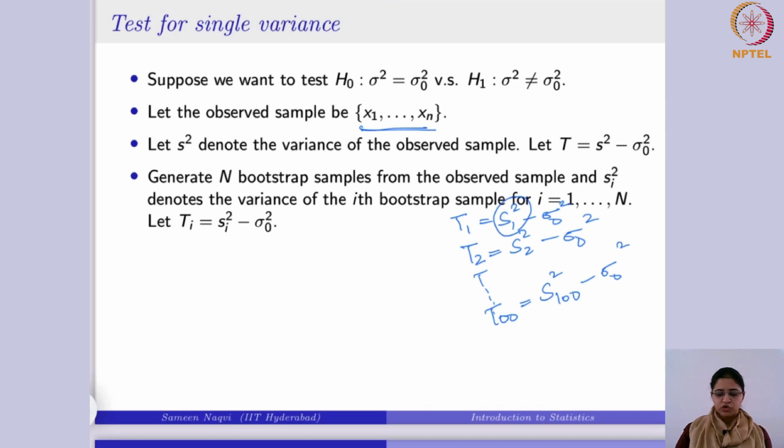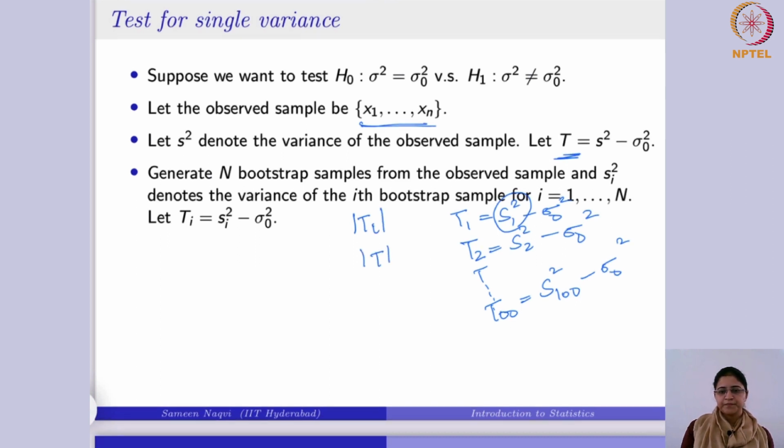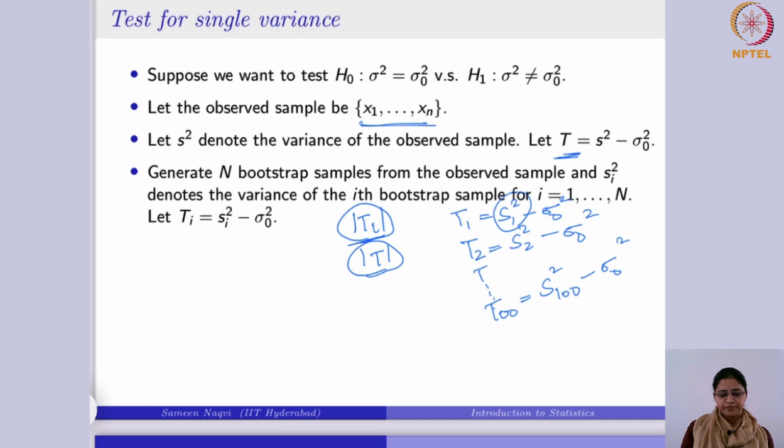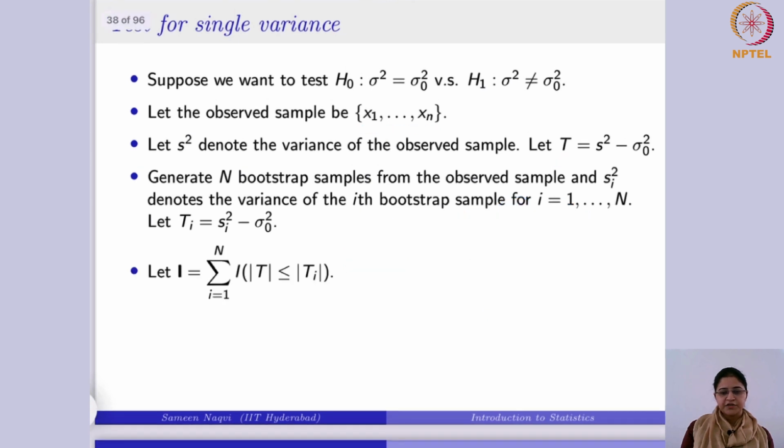Next what you will do? You will compare the absolute values of these TIs with the absolute value of this T that you have already obtained. You will see what the count is for when this is more than this particular observed statistic. That is basically the indicator function we are using. Finally, what will be your approximate p-value? It will be I over n.